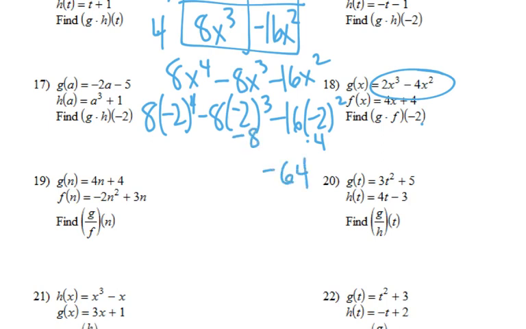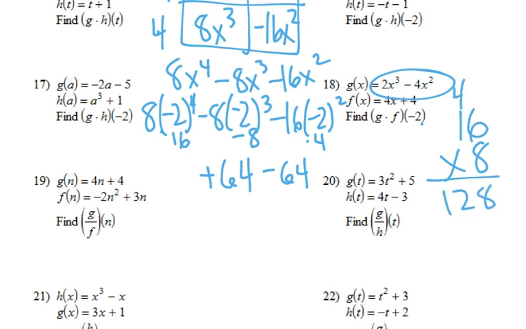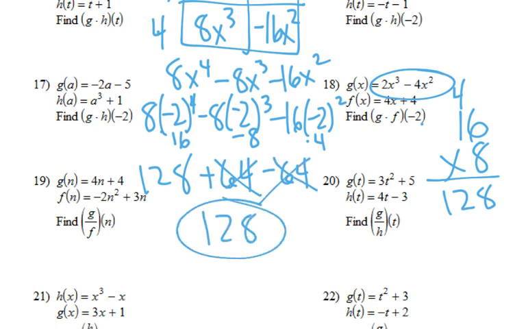Negative 8 times negative 8, positive 64, which they basically cancel each other out. Negative 2 to the 4th is positive 16 times 8. That one I don't know off the top of my head. 128. Those cancel each other out, and we're left with 128 for our answer. So there's the basics with combining functions and how to do them.